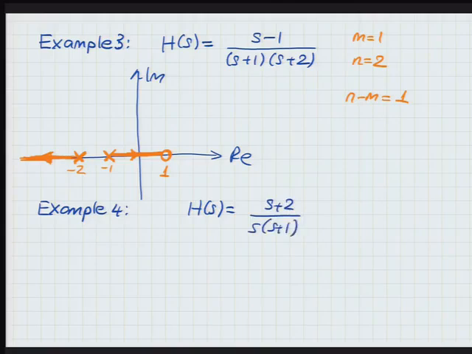This time there are no poles or zeros in the right half plane, but there is a pole at 0, which is borderline. What do I do first? Mark the open loop poles and zeros. Pole at 0, pole at -1, and the 0 at -2, right?